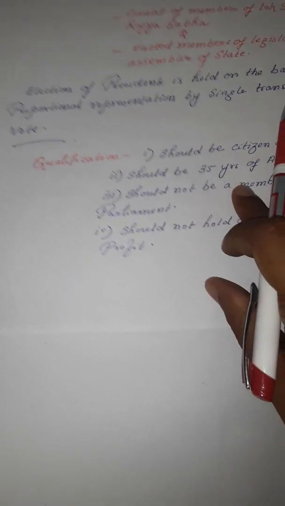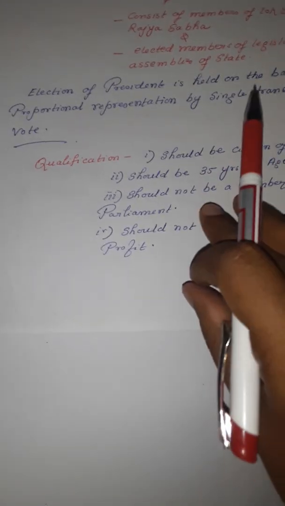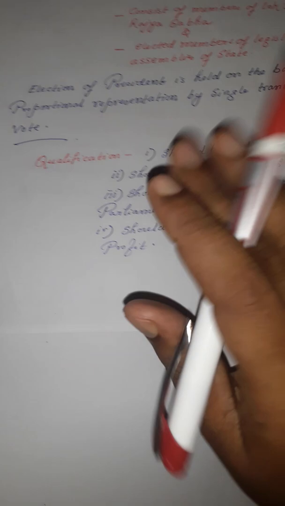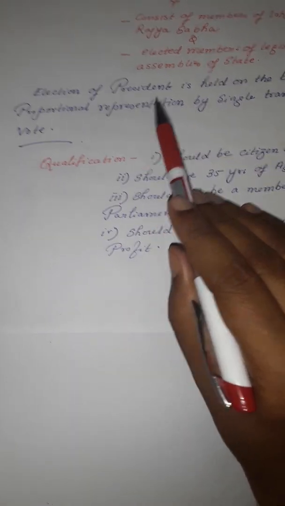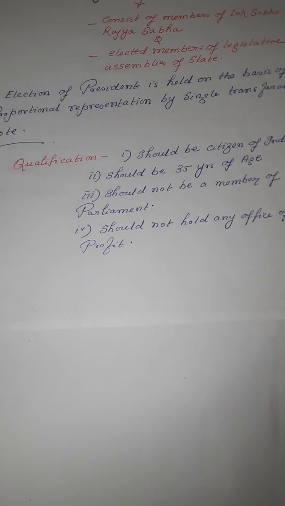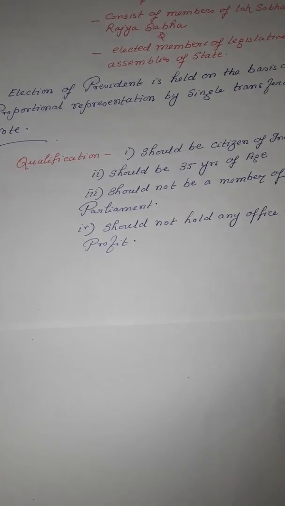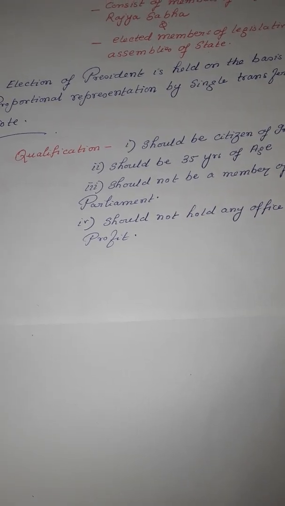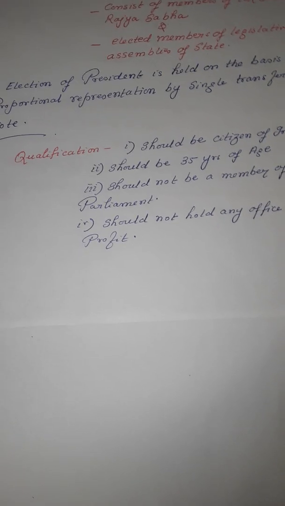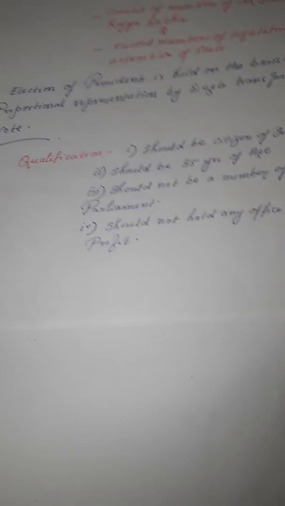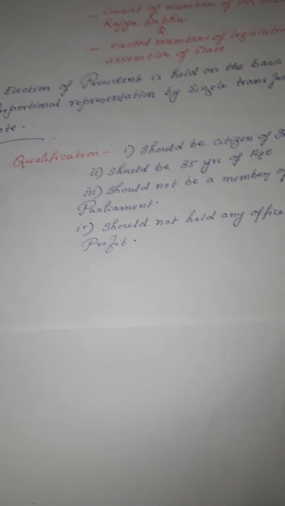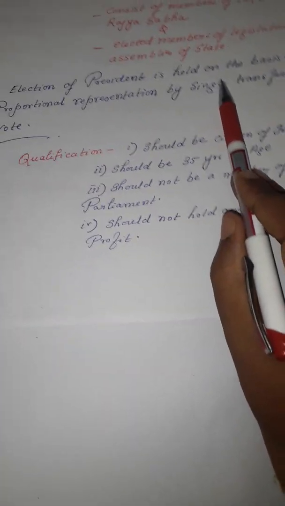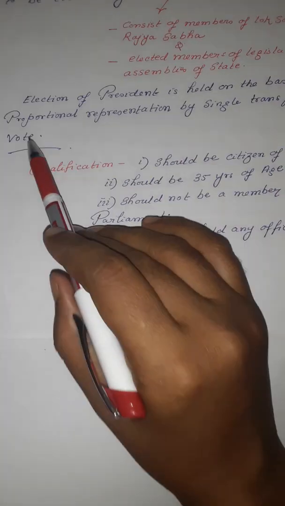Then, according to preference, the candidate who fulfills the quota and secures the maximum votes is considered elected. If a candidate fails to fulfill the quota, then the second preference comes in: the candidate who gets the least votes, his votes are redistributed according to his preference to the other candidates. That is proportional representation by single transferable vote. Please go through that chapter also.